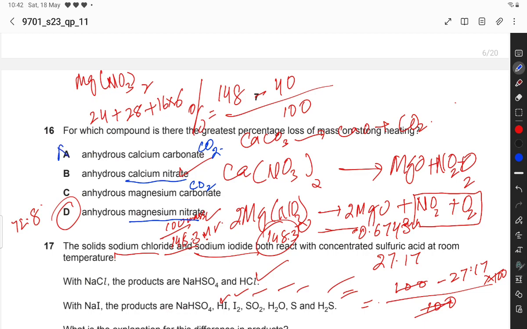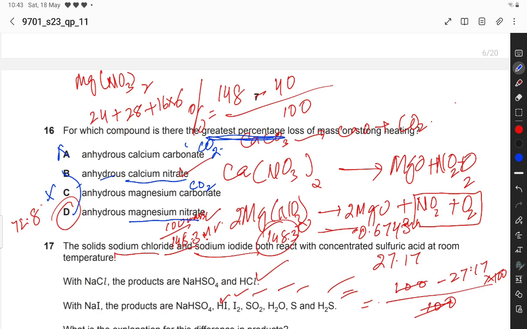So we reject these two options, A and C. Now between B and D, which compound has the greatest percentage loss?